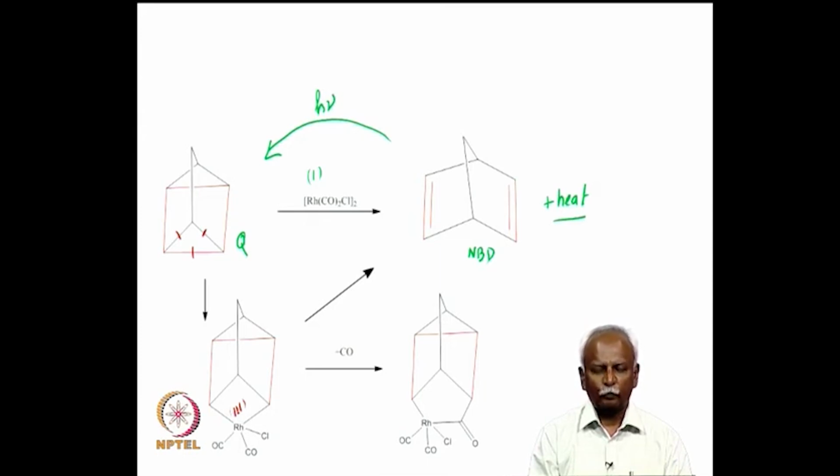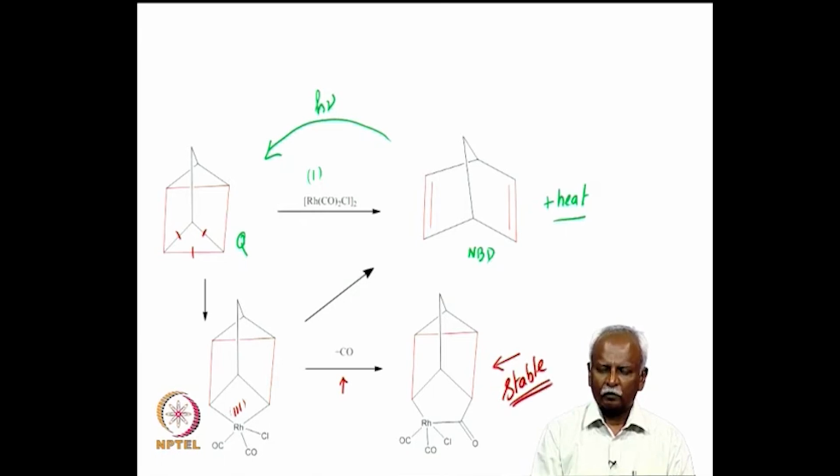On the other hand, if you have carbon monoxide in the reaction medium, here we have added carbon monoxide, then you could have an insertion reaction of carbon monoxide in such a way that a new product could be isolated. Because this product was stable and could be isolated, the intermediacy of the rhodium(III) compound was sufficient to explain both the formation of norbornadiene and the formation of this insertion product.